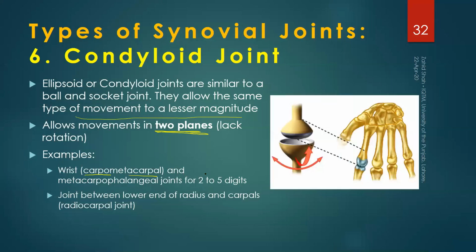So apart from the thumb, we have the other four fingers, at the distal end of the carpals and the proximal end of the metacarpals of digits 2 to 5. Similarly, the joint between the lower end of the radius and the carpals, that is also called the radiocarpal joint. So that is also this type of joint.